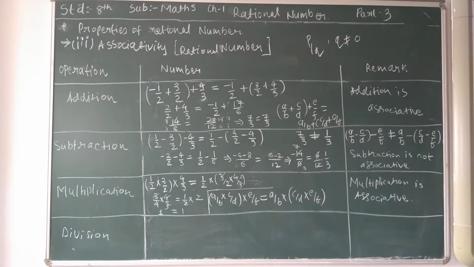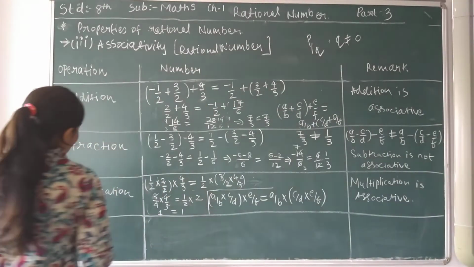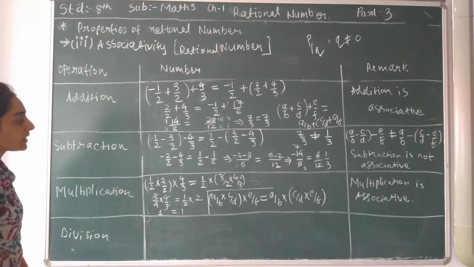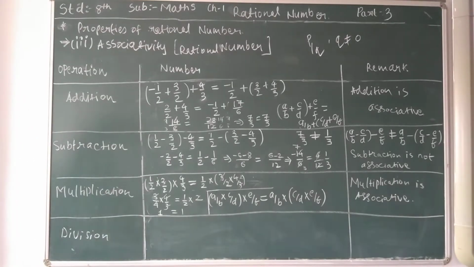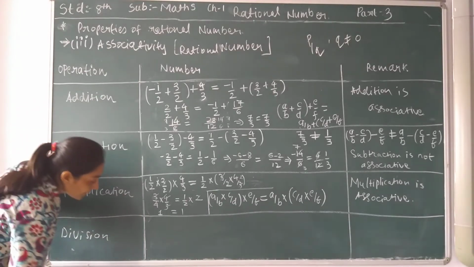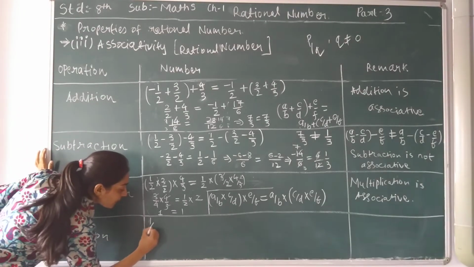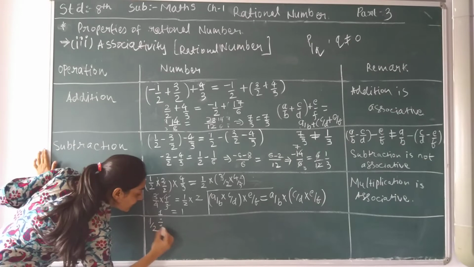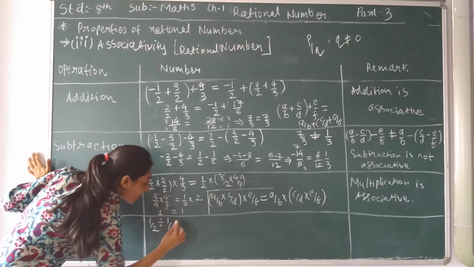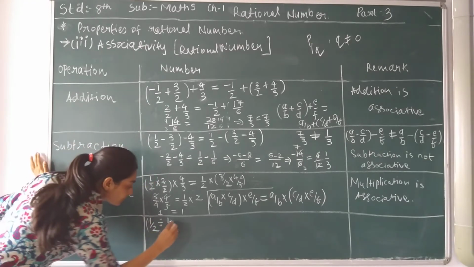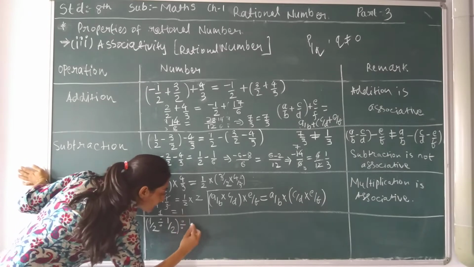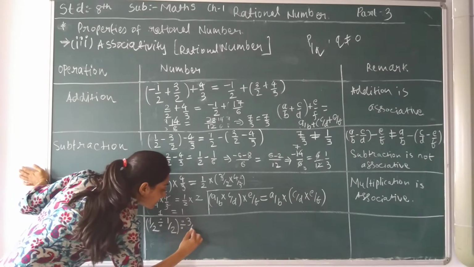As we know that division does not hold, we can clearly say, but still we can solve by taking any two examples. I'm taking, say, 1/2 divided by 1/2, the same number, divided by 3/2.